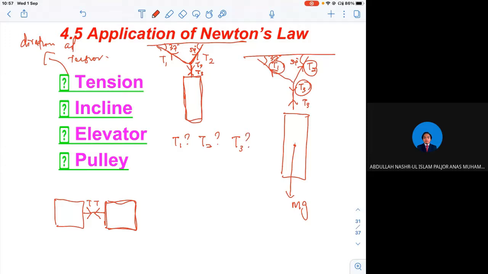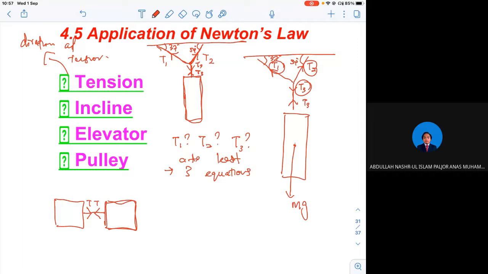Three different unknowns. In mathematics, when you have three different unknowns, you must write down at least three equations. The number of equations should be equal to or greater than the number of unknowns.